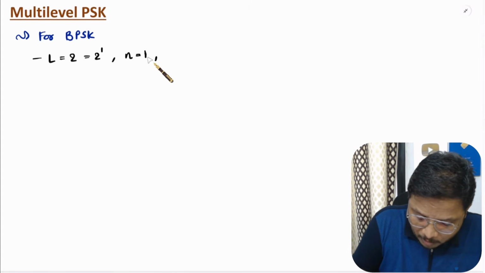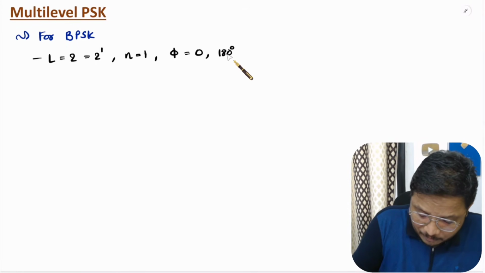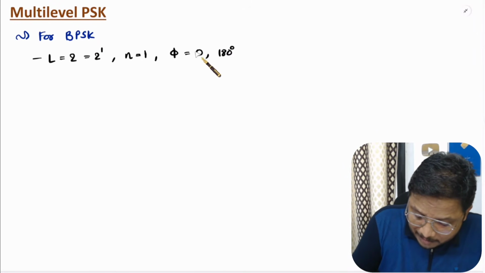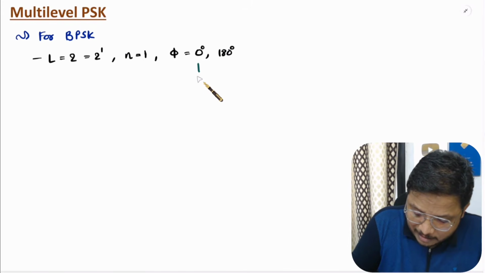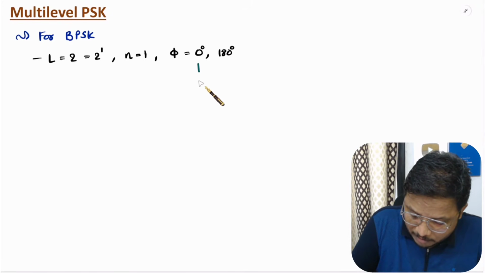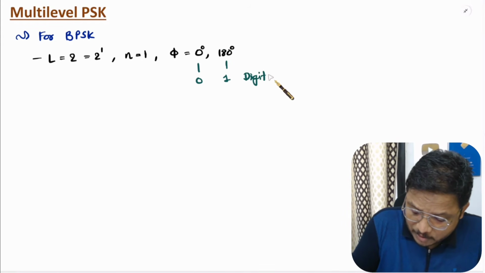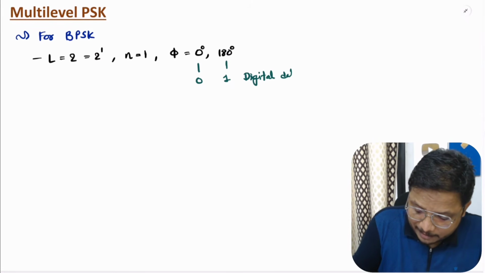And with 2 symbols, the phase will be as per 0 and 180 degree. Level 1 has 0 phase and level 2 has 180 degree phase. If you talk about digital data, then with logic 0 we will have 0 phase, and with logic 1 we will have a phase of 180 degree, right?